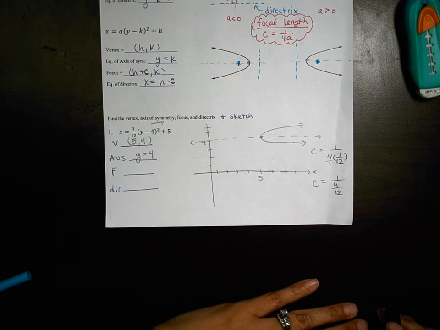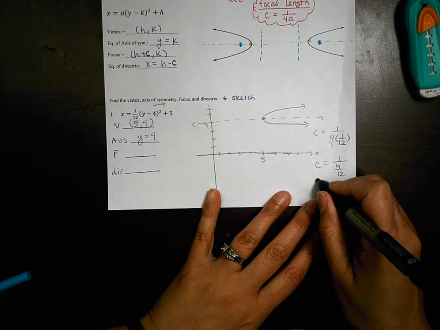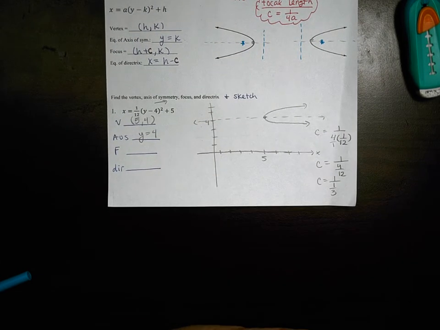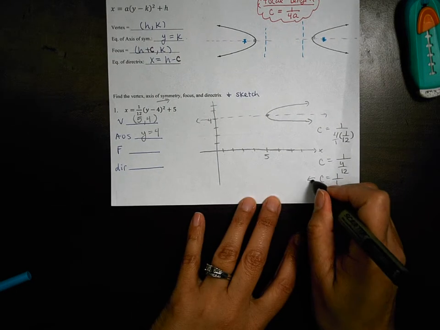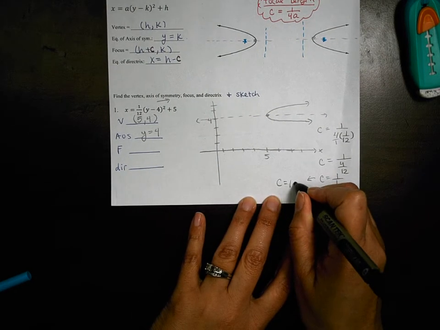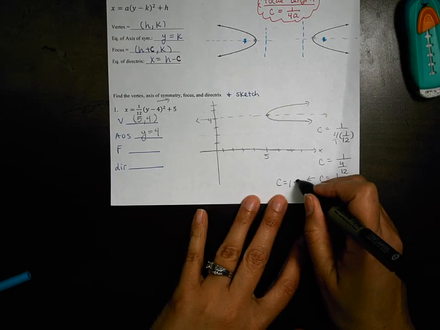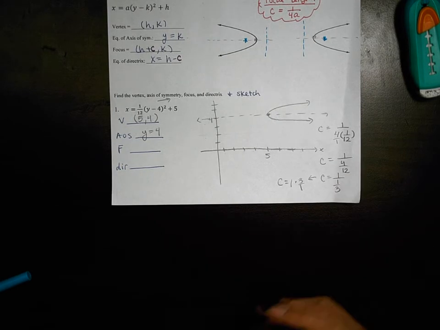What is 4 over 12 reduced to? 1/3. And 1 over 1/3, you multiply by the reciprocal. 1 times what? 3 over 1? What does C become?